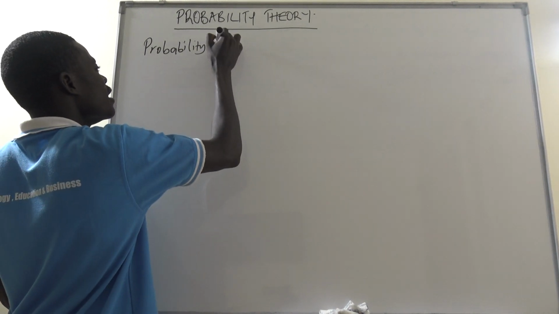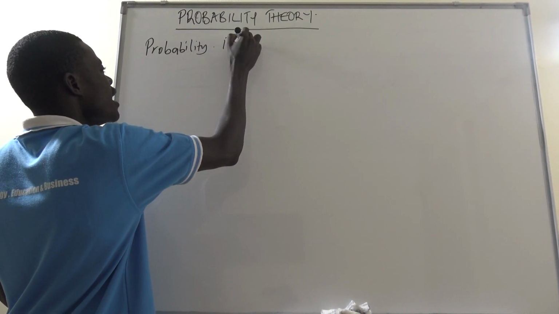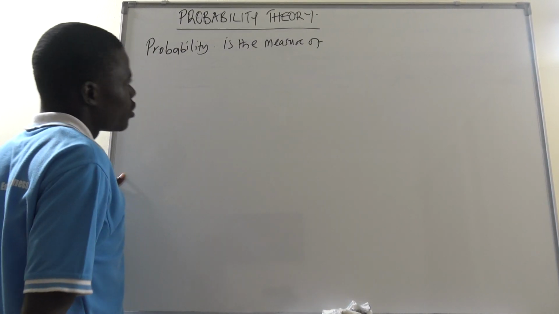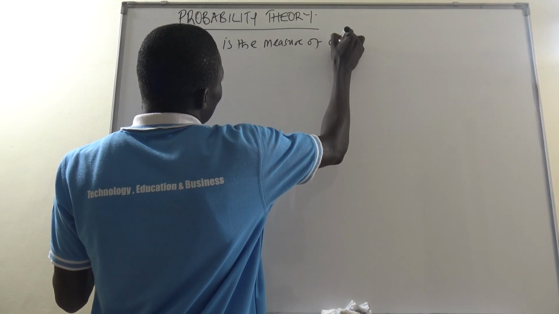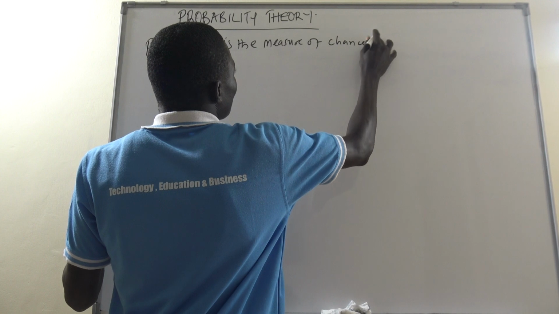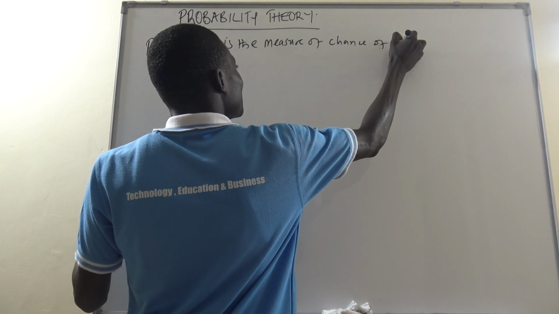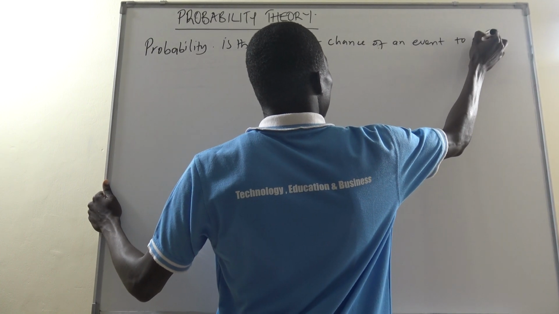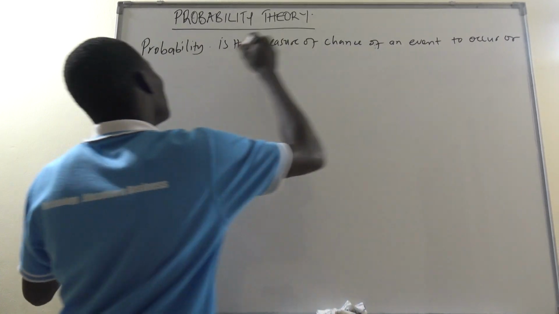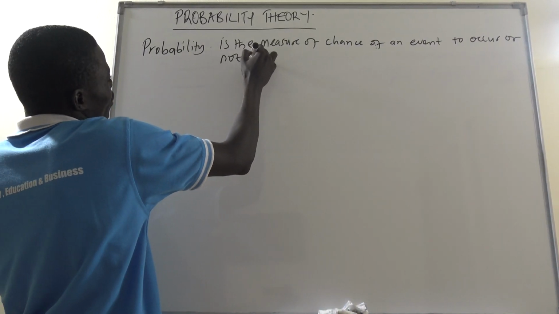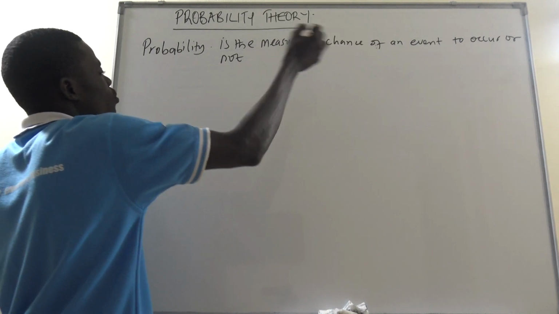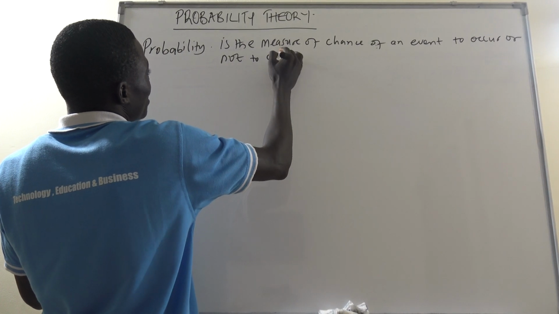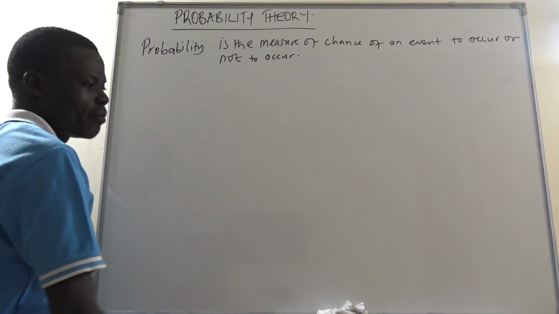Probability, when you are answering him or her, you just say that it is the measure of chance of an event to occur or not to occur. The chance that you measure is what we are calling the probability.